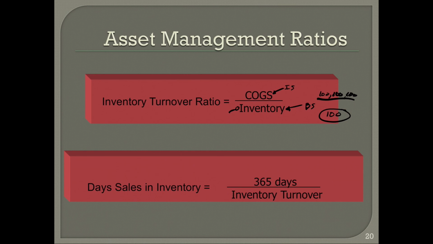So, for example, if you were evaluating, say, McDonald's with perishable goods, they may turn over their inventory multiple times, hundreds of times over the course of the year, and their days sales in inventory may be only a couple of days. Whereas if you're looking at an Apple or something, their days sales in inventory would be substantially different because they have different products, different inventory. Okay, so those are asset management ratios. They're the first type of asset management ratio, and it's dealing with inventory.